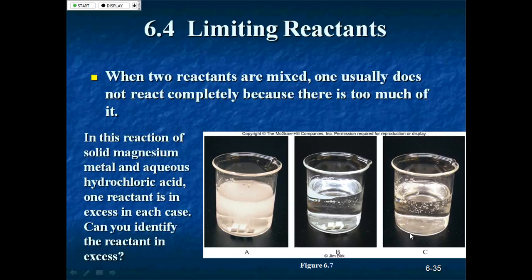Hydrochloric acid, right? If magnesium was in excess after the reaction is complete, whatever the excess amount of magnesium, it should be left on the bottom of the beaker. We don't see anything at the bottom. That means the magnesium has reacted completely. Whatever amount of magnesium you put in, it reacted completely, right?